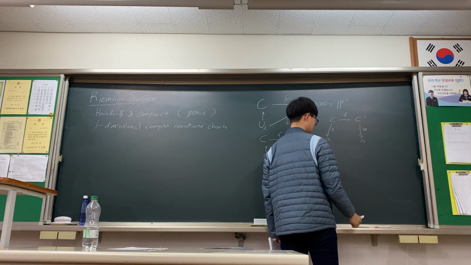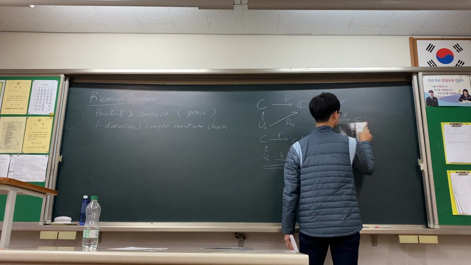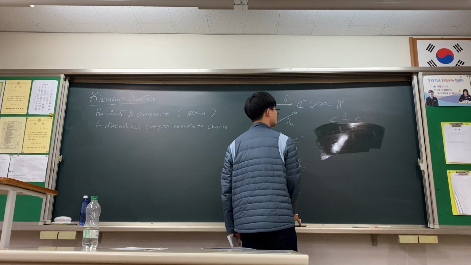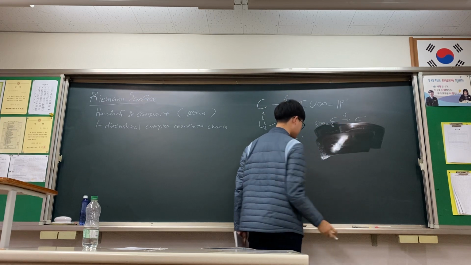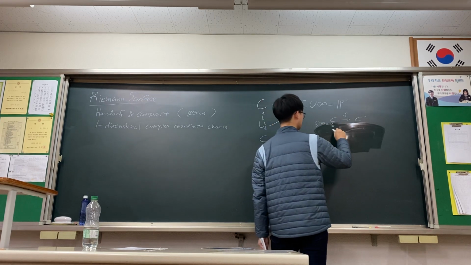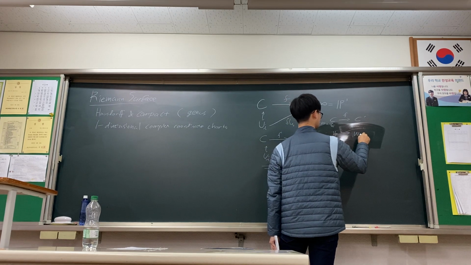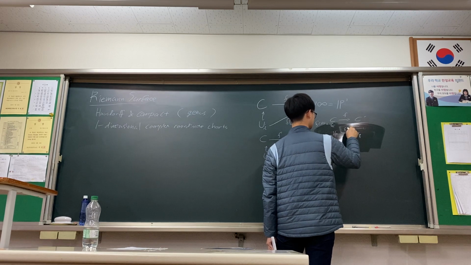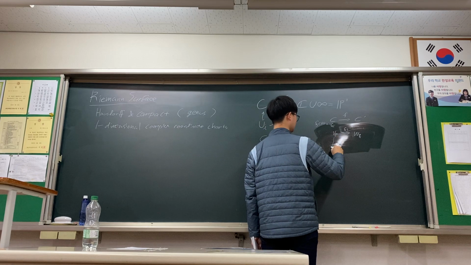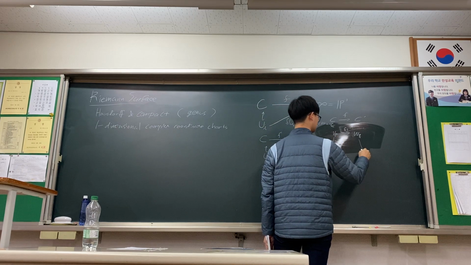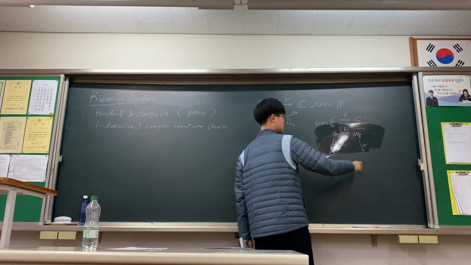Then on a small neighborhood, let's say from V_P to W_Q, with f restricted, we have the coordinate charts, and we make it as simple as possible, where it's a small neighborhood in the complex plane.